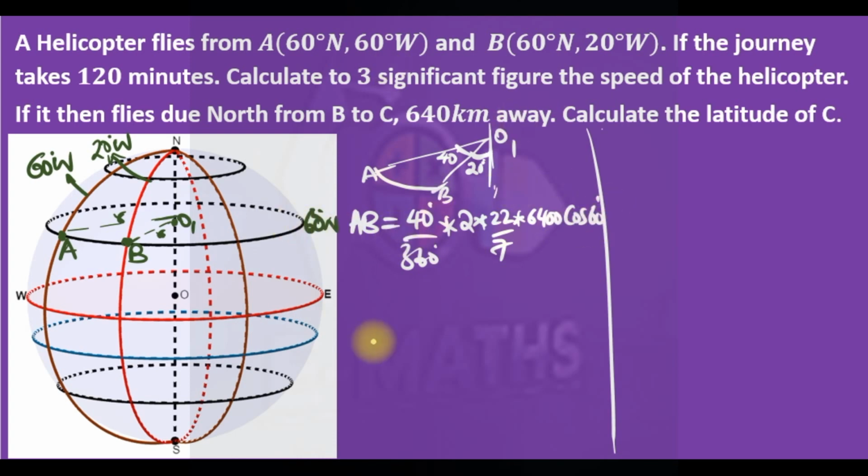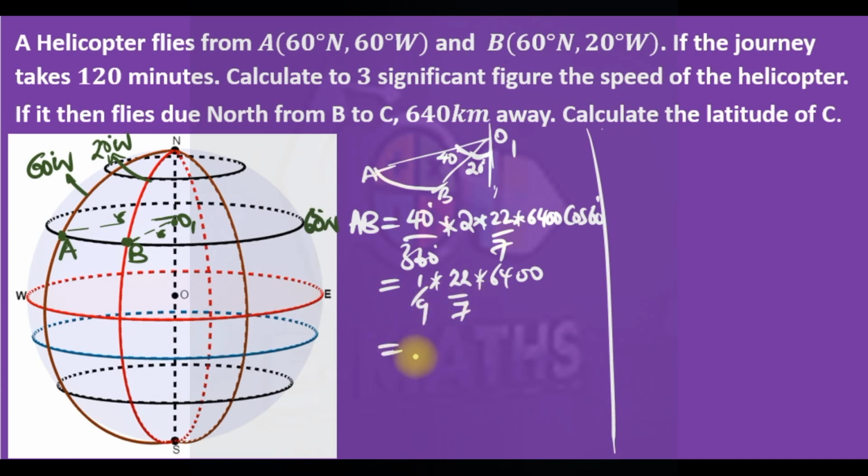So this is 1 over 9 times, since cos 60 is half, 22 over 7 times 6,400 times half.